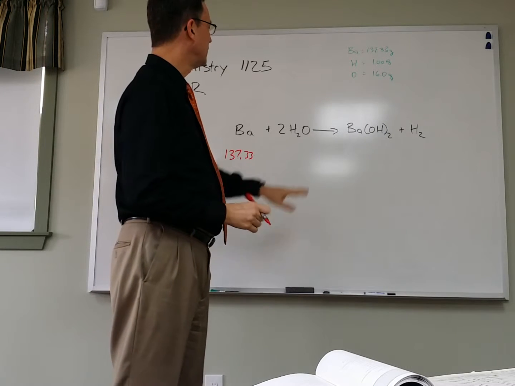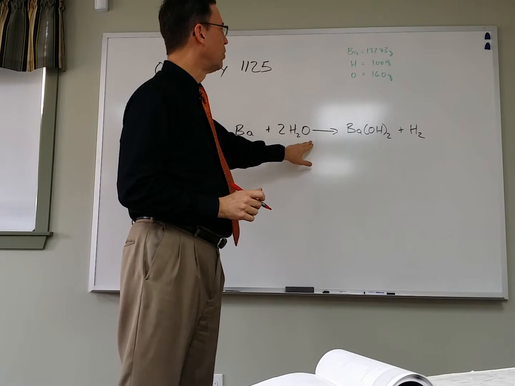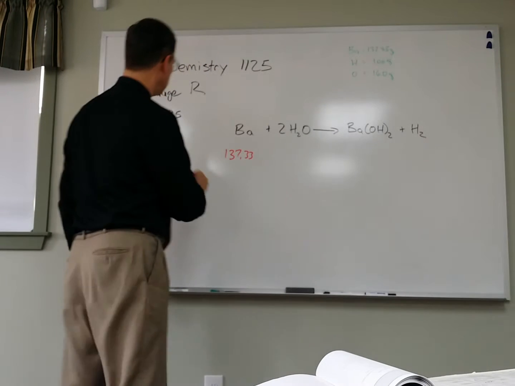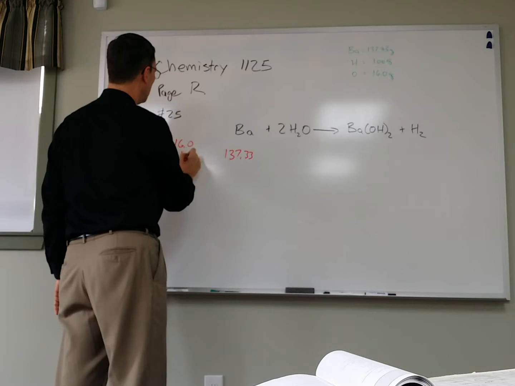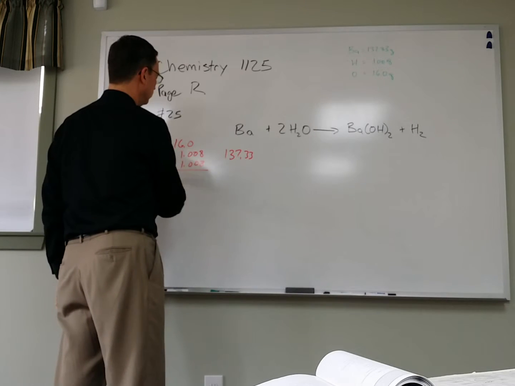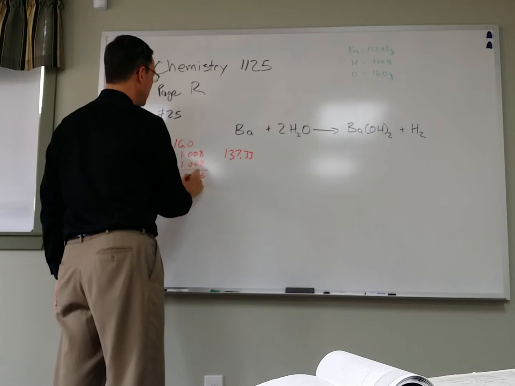Now let's figure out what the mass is for H2O. Oxygen is 16, and hydrogen is 1.008, but I have two of those, and so we can add these up.